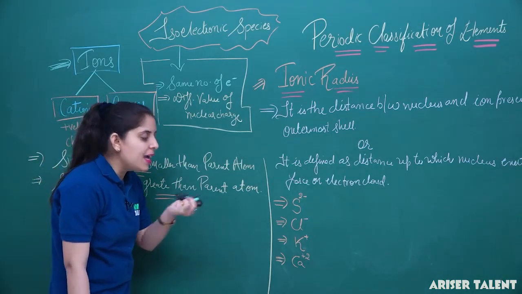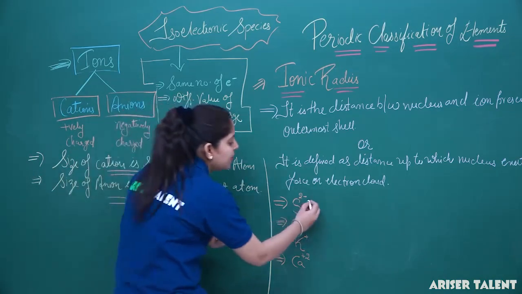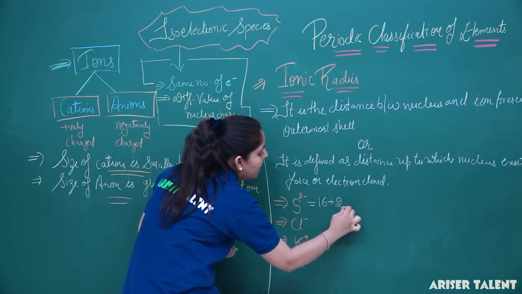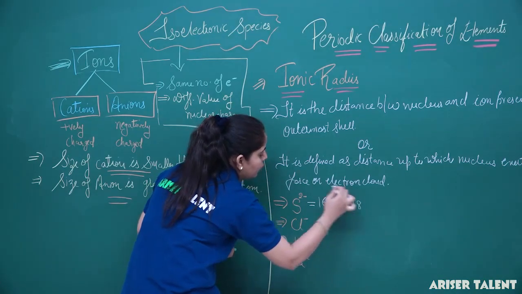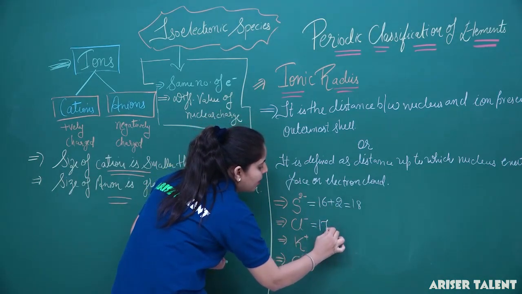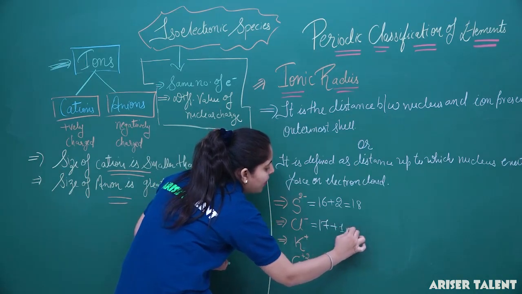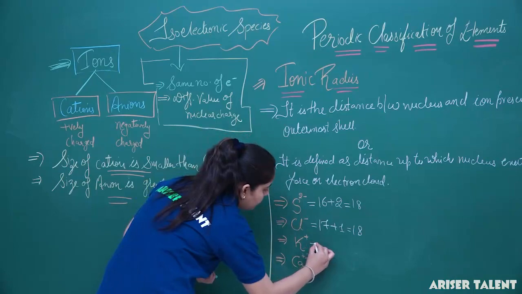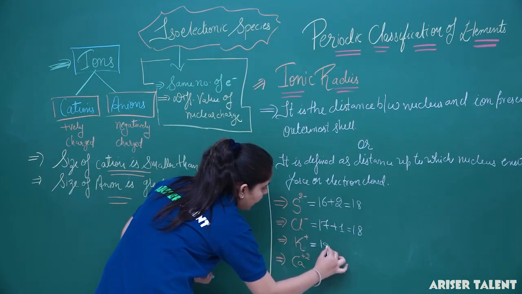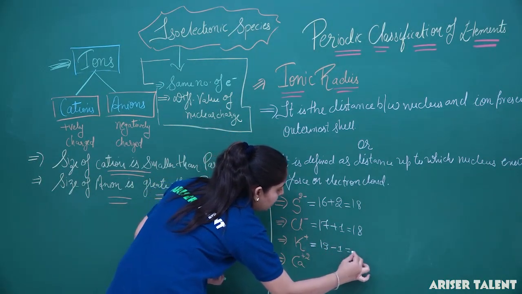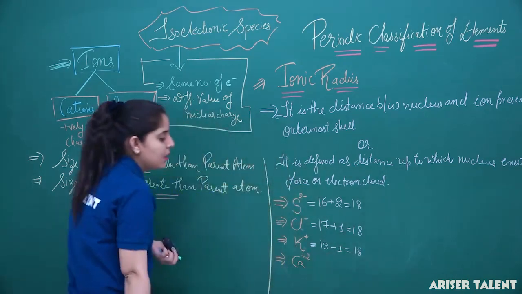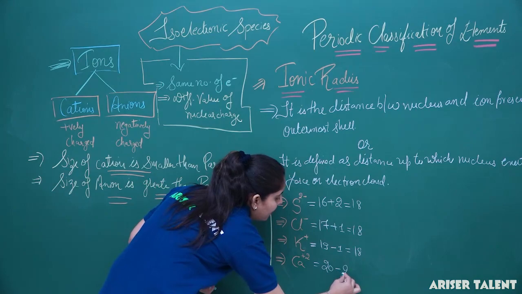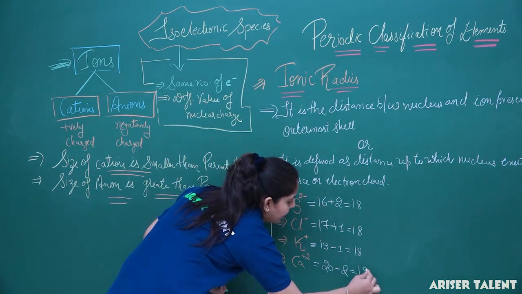Now why they are called isoelectronic species, you can see from here. Sulfur having atomic number 16 plus 2 has 18 electrons. Chlorine, atomic number 17 plus 1, again has 18 electrons. Potassium, 19 minus 1, means 18 electrons. Calcium again, 20 minus 2, means it has given 2 electrons, again 18 electrons.